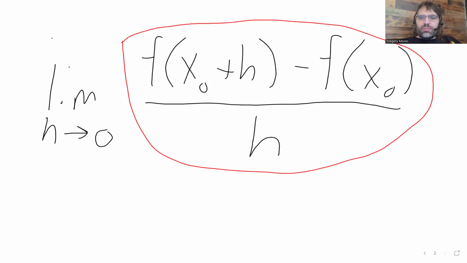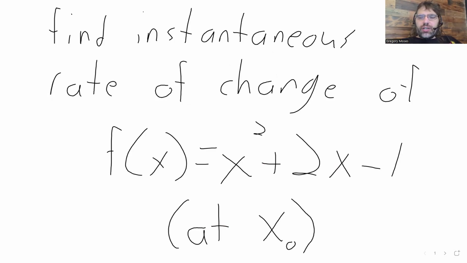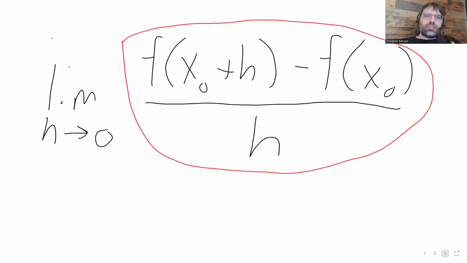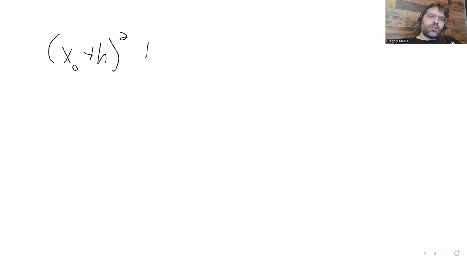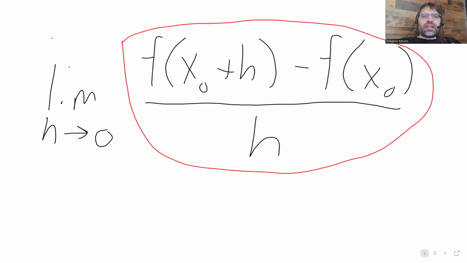So f of x sub 0 plus h, here's the function: x sub 0 plus h squared, plus 2 times x sub 0 plus h, minus 1. So that's f of x sub 0 plus h.